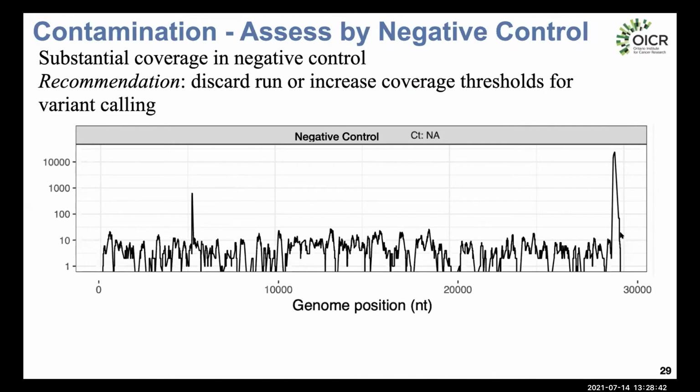So here the recommendation would probably be to discard the run. If you really want to try to rescue it, you can go in and change the coverage thresholds in the bioinformatics pipeline. So instead of requiring 10x coverage to generate a consensus base, you might increase that threshold to 100x or even 500x to try to recover that. But it would be safer just to discard the run and resequence it.